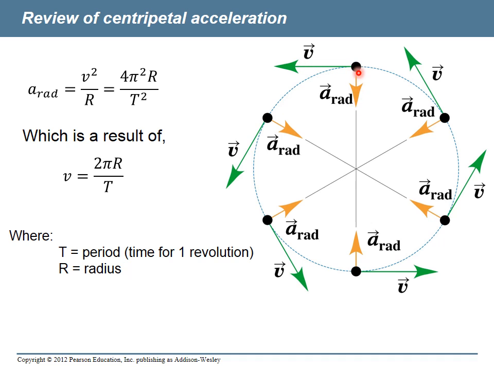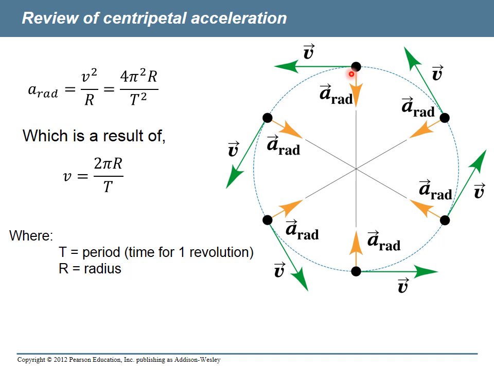The reason that the radial acceleration is perpendicular is so that it causes only a change in the velocity vector. If we had anything other than perpendicular, then it would change the speed as well. If I had it parallel, it would change only the speed and not the direction. If I have it perpendicular, it changes only the direction and not the speed, and anything in between would cause a change in both, right?